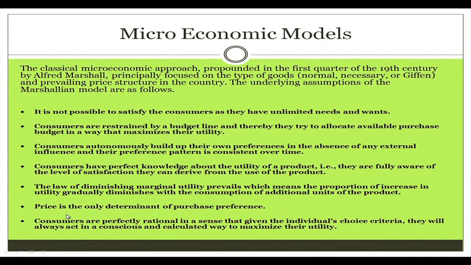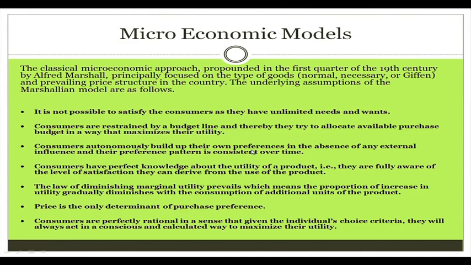Now, for the third bottle your utility level will further fall down, and so on and so forth. So, with the consumption of additional units, the marginal utility of the product goes down. This is the assumption of Marshall, and Marshall assumes that price is the only determinant of purchase preference.